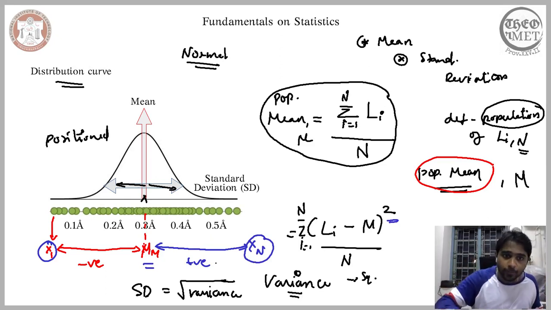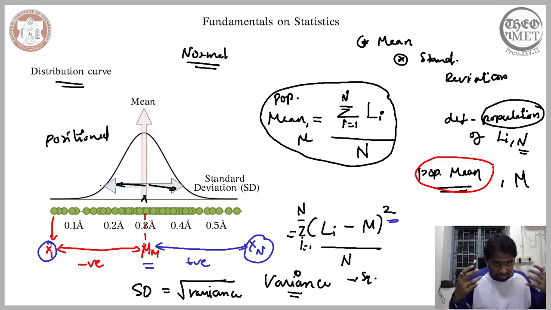So using the combination of the mean and the standard deviation, we will be able to both position a given specific bell curve, and also discuss the trend, the spread of this particular bell curve. So when we are talking about the distribution curve, there are two parameters, that is the population mean and the population standard deviation.